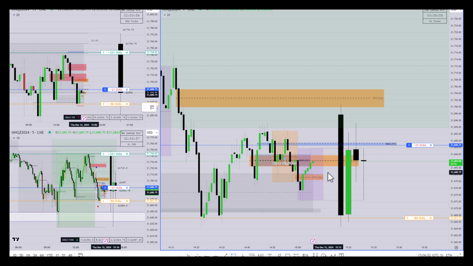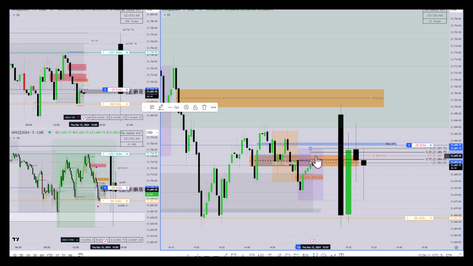All right, we closed inside of it. I'd like to see it stretch some legs. Get above halfway of this wick is the first order of business. Get above this red line at 685.